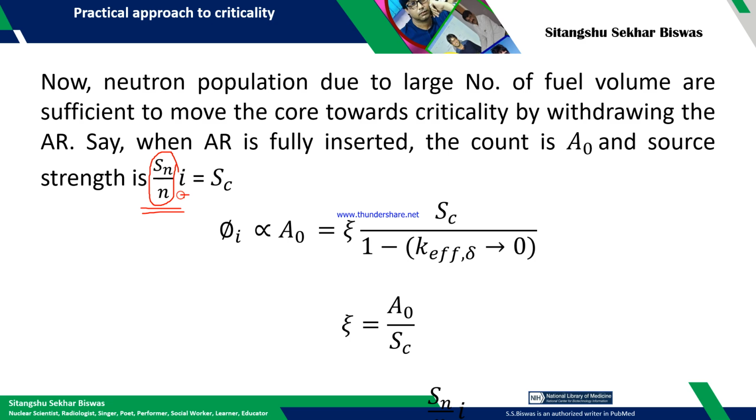So the total source strength SC is given by this. Now if you put A0, as the absorber rod is completely brought down, then the effective multiplication factor can be neglected and we can write A0 equal to zeta into this and this, and from there zeta is basically A0 by SC.